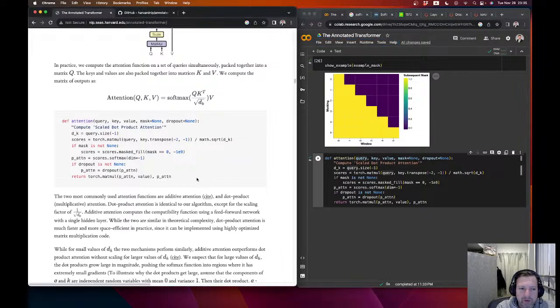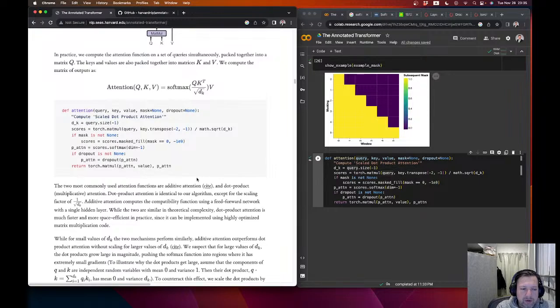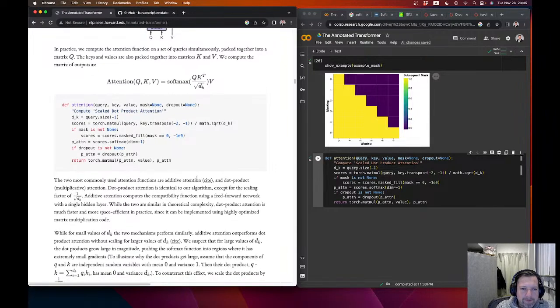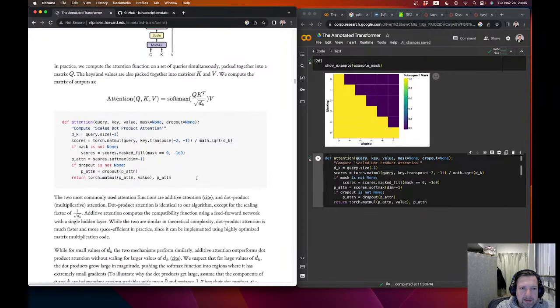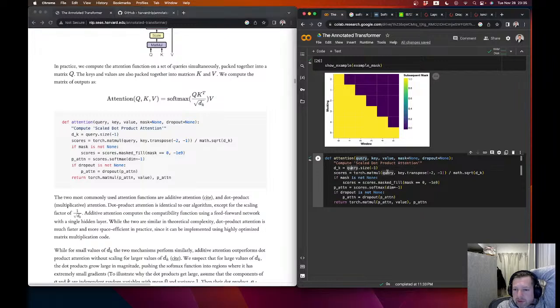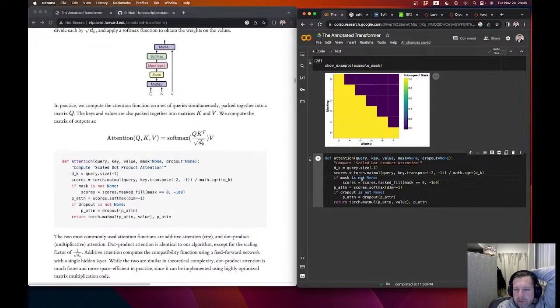But maybe just before we take a break until tomorrow, let's quickly look at the code for this attention here, query key value. So this just does what it says in this equation. And then it says mask is optional here, so if the mask is given, then it masks.